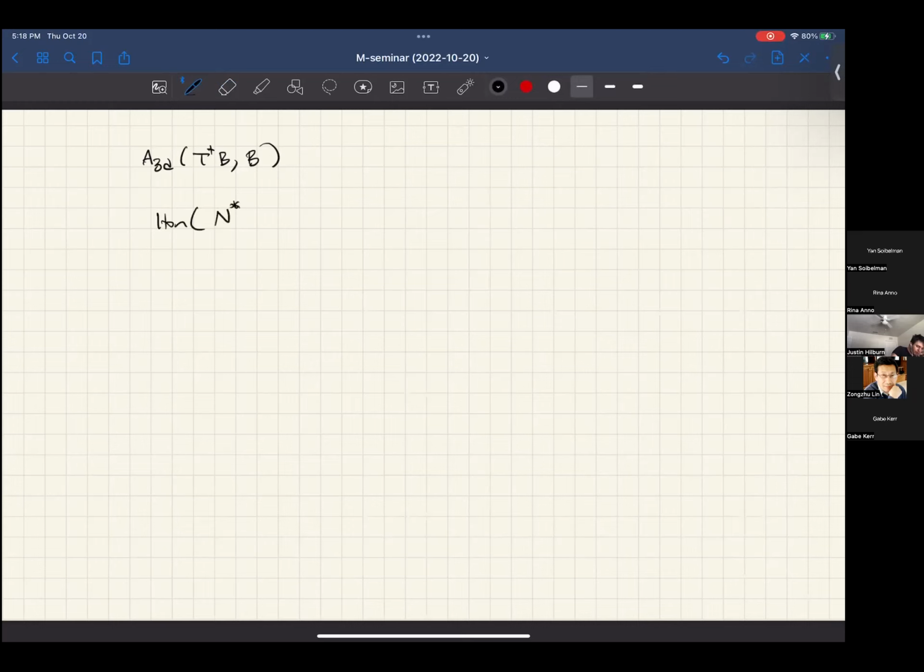So if I have the conormal to some subvariety X inside of B, and some other subvariety Y inside of B, you expect this thing to be something like sheaves on the space of paths in B that start at X and end at Y.